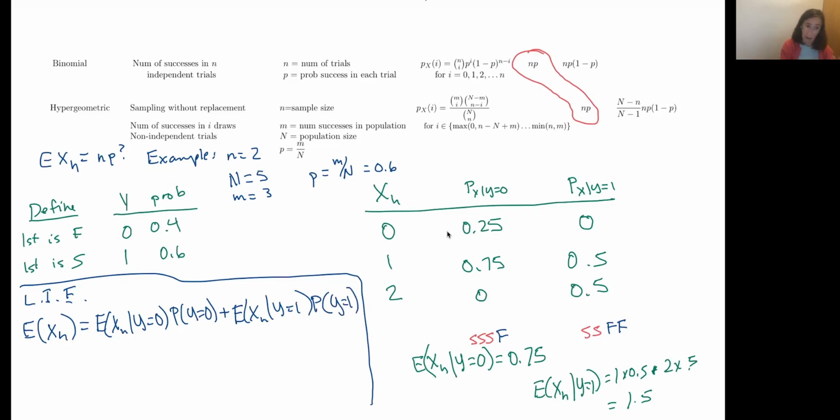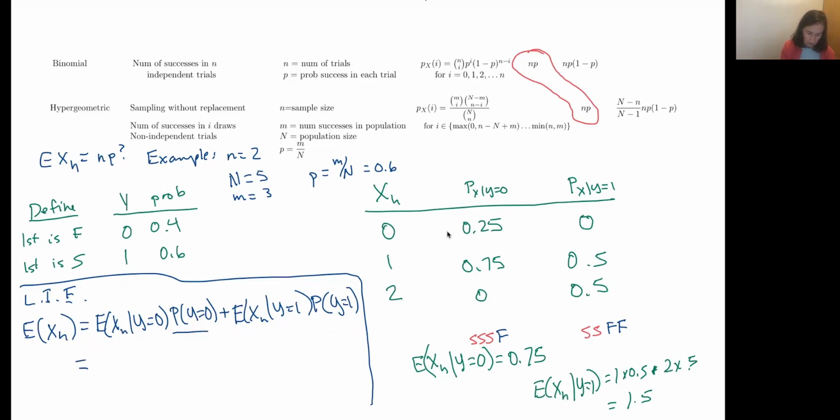Okay, so all I'm doing, like I always do with the law of iterated expectation, is taking the weighted average of the conditional means. So mean conditional on y equals 0, mean conditional on y equals 1, and the weights are the probabilities of the conditioning events.